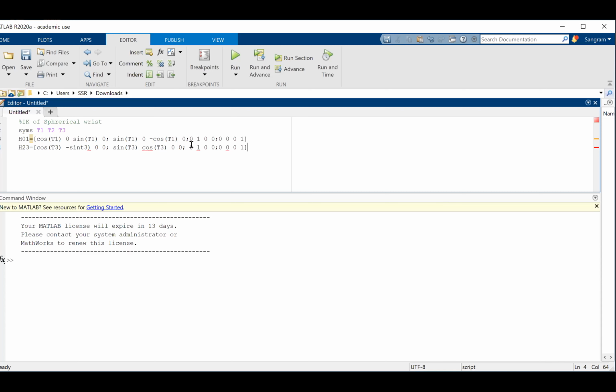So that is how my matrix looks like. I think I made a mistake. I deleted H12.